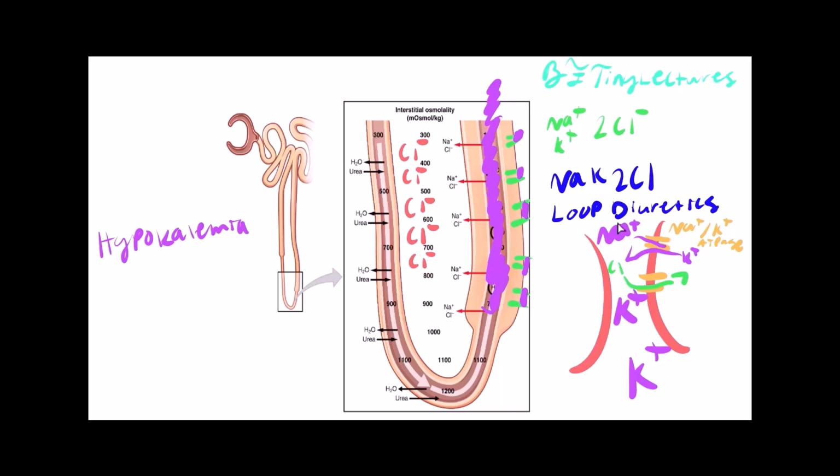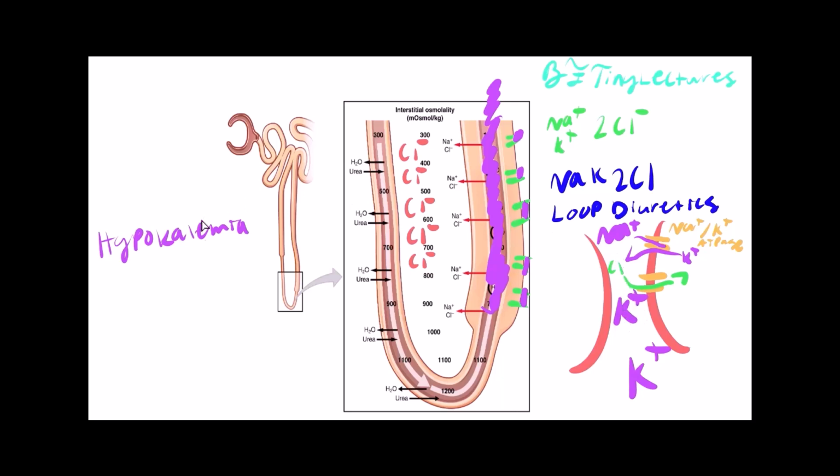Because look, 3 sodium leave the collecting duct and 2 potassium enter the collecting duct. For every sodium that leaves the collecting duct, you have more potassium entering. When you have 3 sodium leaving the collecting duct, you have 2 potassium entering the filtrate. So eventually that leads to massive potassium loss in the urine.